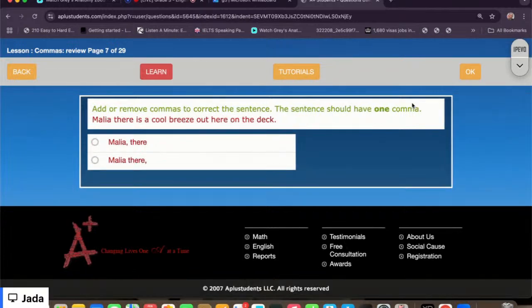"Malia, there is a cool breeze out here on the deck." So which one? Where should we have the comma?